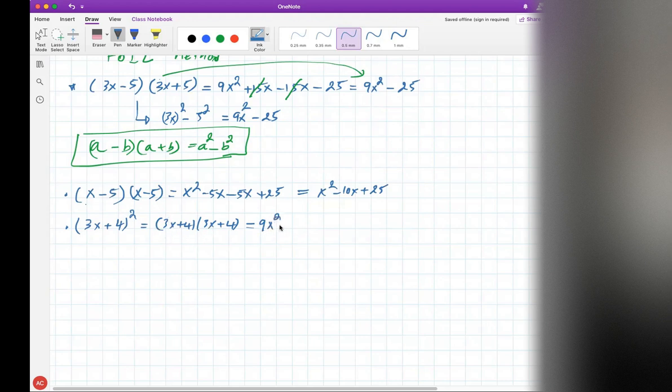Plus 12x again if you multiply those two. Finally, plus 16. So 9x squared plus 24x plus 16. That's right. These combine because the sign is the same. So 9x squared plus 24x plus 16. And that's pretty much it.